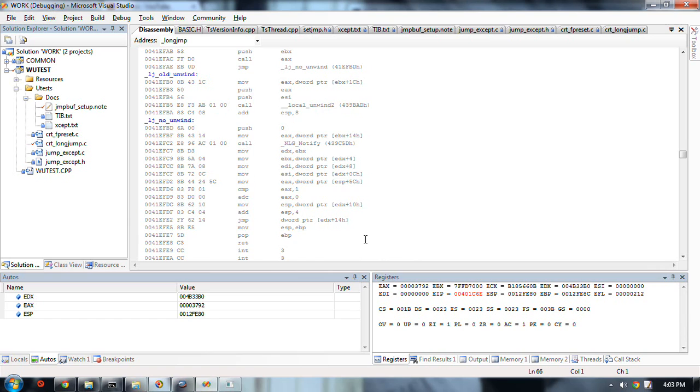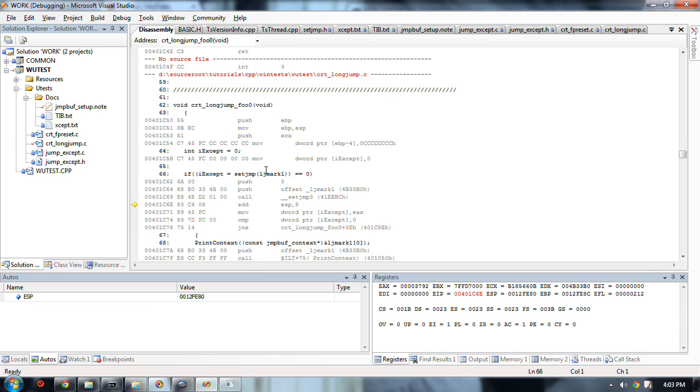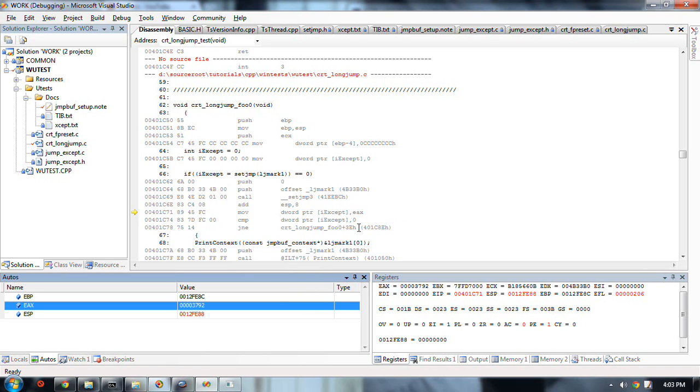So we jump to the set jump call where 8 is being added to the stack pointer to clean up, and that gives us our stack pointer back, and we're exactly where we were, except that EAX is not 0 anymore, it's this.